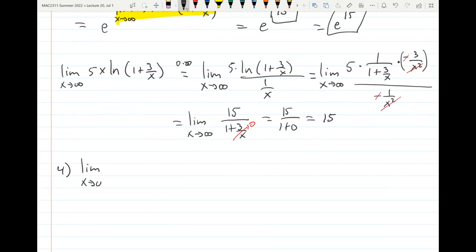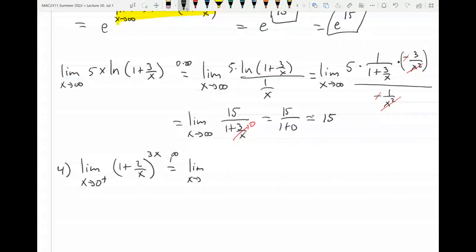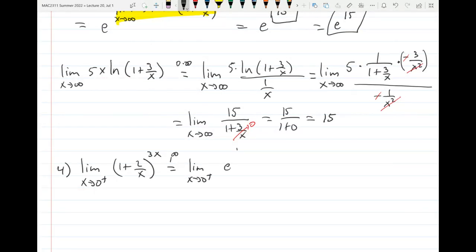Let's do it approaching 0. Approaching 0 from the right of 1 plus 2 over x to the 3x. Okay, so again, this is 1 to the infinity, so I'm going to do a 3. So limit as x approaches 0 from the right of e to the ln of 1 plus 2 over x to the 3x.